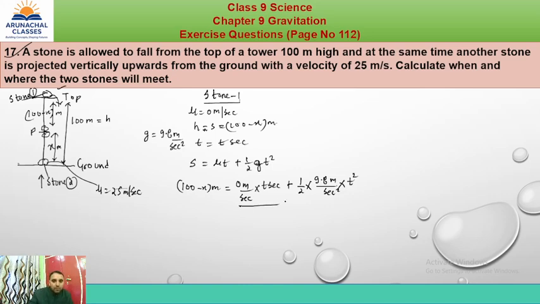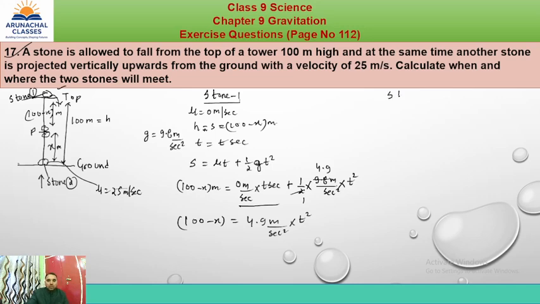This part becomes 0. So 100 minus x equals half of 9.8, which is 4.9 meter per second square, multiplied with t square.